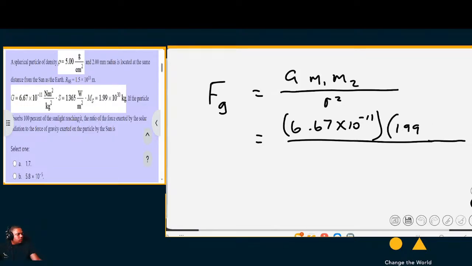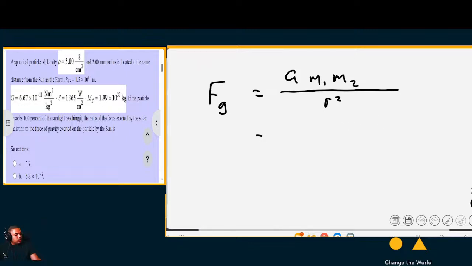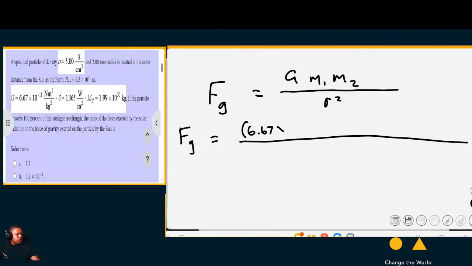Let me rather move this whole thing because I see I'm going to run out of space. Let me start here then. FG, write smaller. And this is G, the constant, 6.67 times 10 to the negative 11.